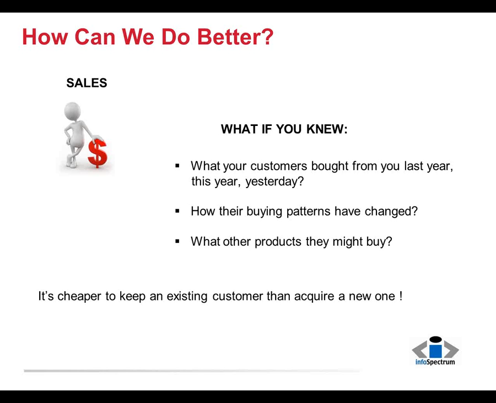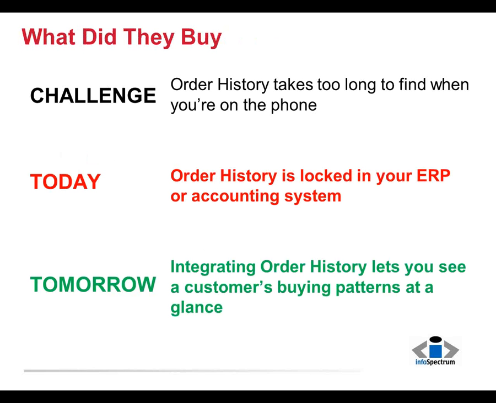And it's not that that data doesn't exist, because inside your enterprise resource planning system, your ERP system, or your accounting system, is data about orders and invoices. It's all there. But it's really hard to turn that data into usable information so that you can quickly understand what the customer is buying, or not buying, as the case may be. So the challenge is that too often you just don't have that information that you need at your fingertips.